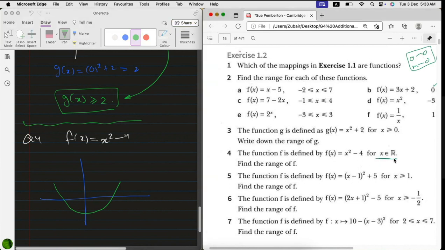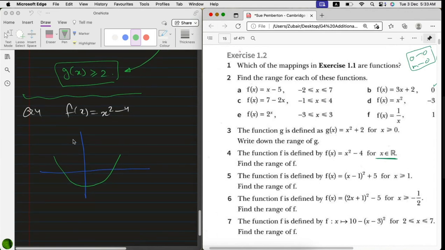And it says x belongs to real numbers. Like all the values to the left, all the values to the right, any value on the number line is a value of x. So for all these values, we can see if we keep on substituting values of x to the right, y will keep on rising. Values of x to the left, it would keep rising.